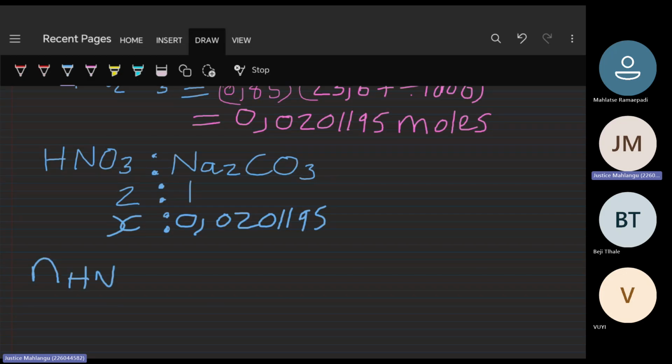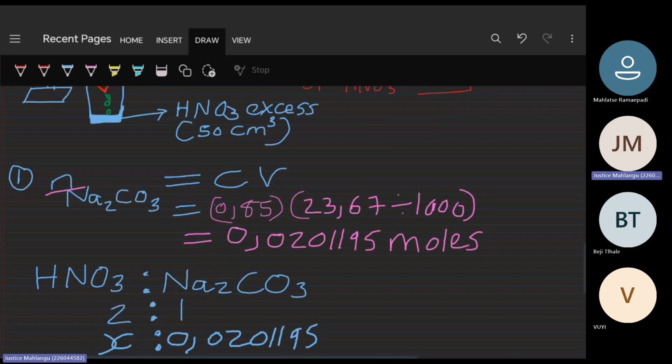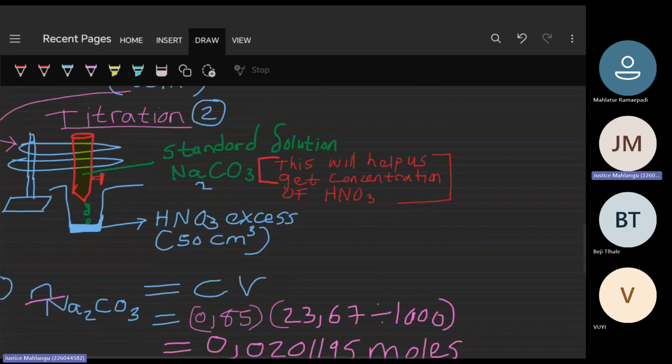So we're going to say the number of moles of HNO3. Our goal, guys, is to get the concentration of HNO3. For now, we are only getting the number of moles. But who is helping us to get the number of moles? It's the standard solution. That's why I told you how important the standard solution is. It helps us to get the concentration of the unknown.